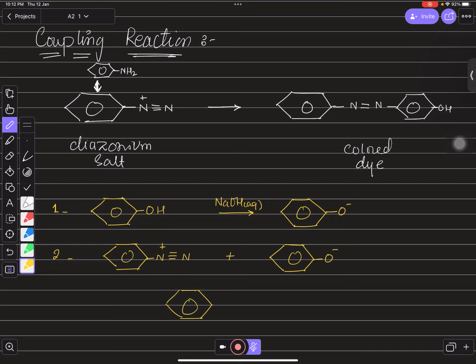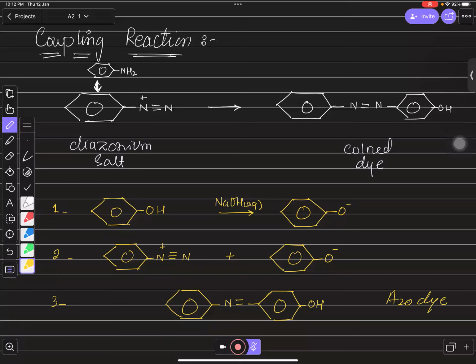One of the bonds of nitrogen is going to break over here, and then it will be connected with the phenoxide benzene ring, and over here this negative O is going to be balanced by hydrogen. So in this way you can form azodye. There are three steps for this.